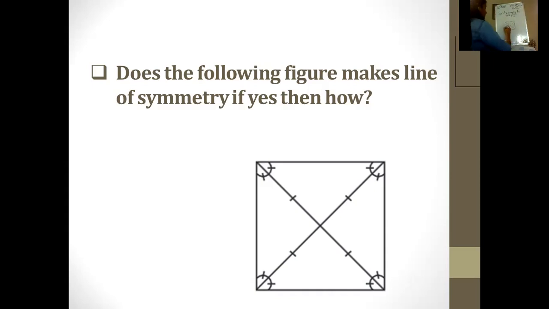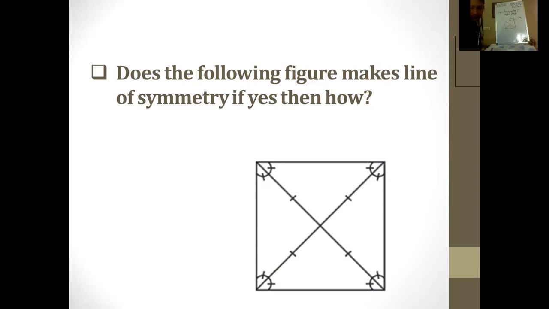Now, here, what they have shown is that the lines are equal. Now they are asking about a line of symmetry. If I am drawing a line of symmetry here, what do you think, is the left side equal to the right-hand side? Isn't it?